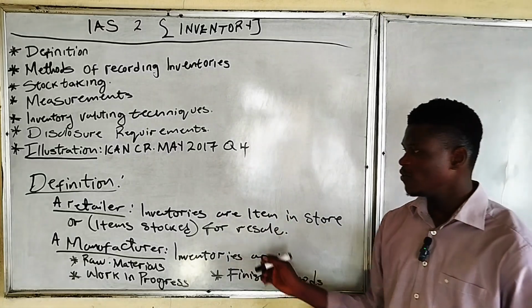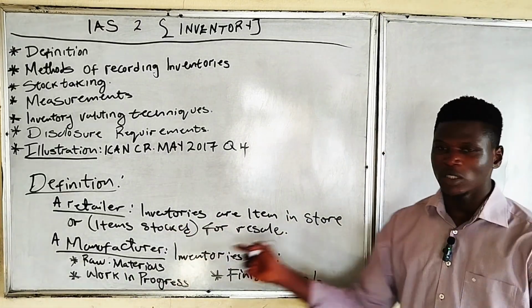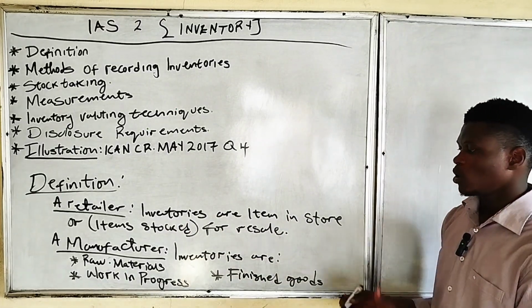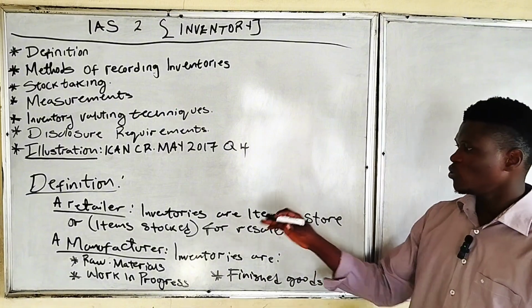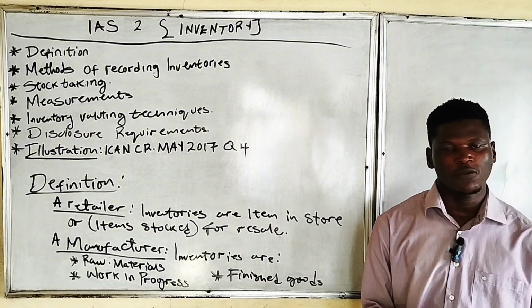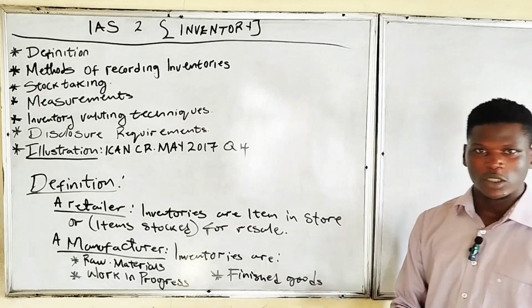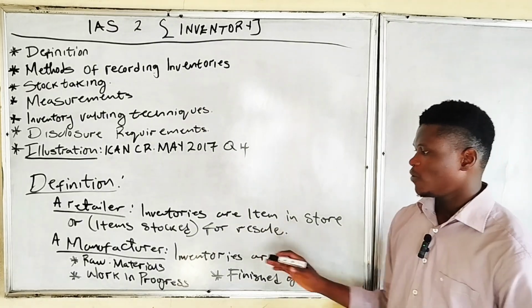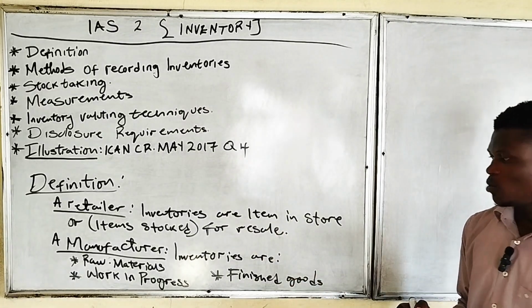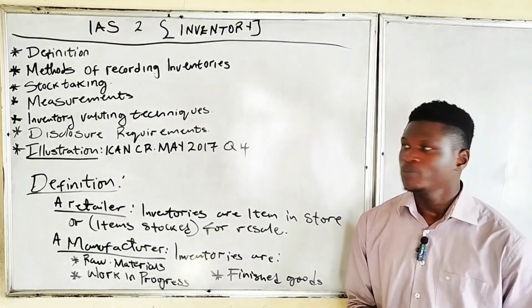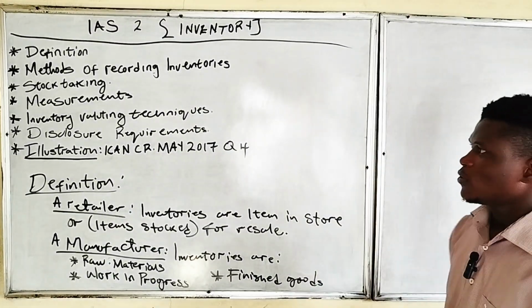So to a manufacturer, inventory contains these three elements: the raw material, the work in progress, and the finished goods. To a retailer, they are just items purchased for resale, regarded as items in store or items stored for resale. So that's for the definition.